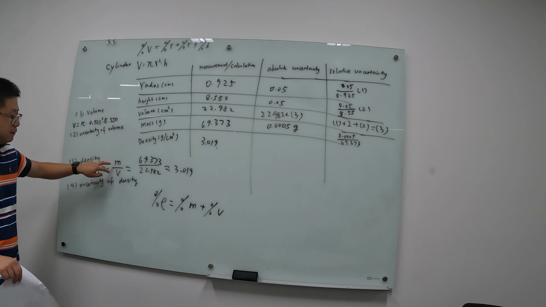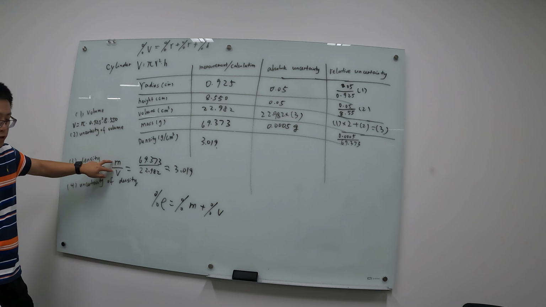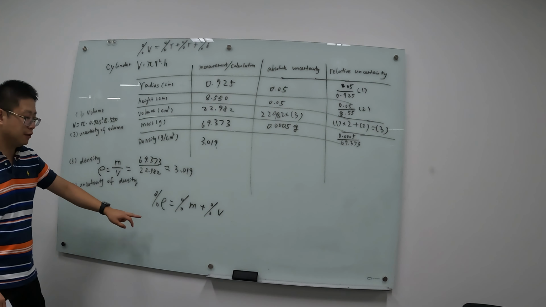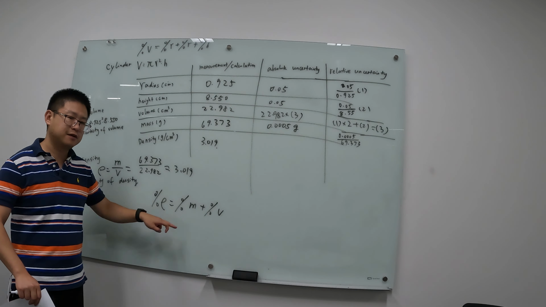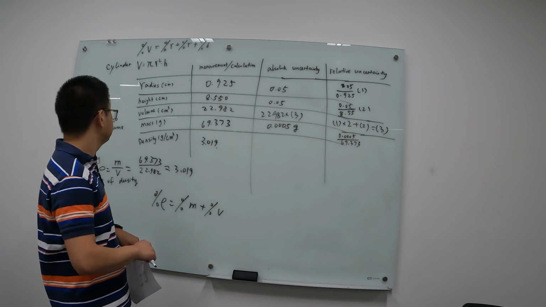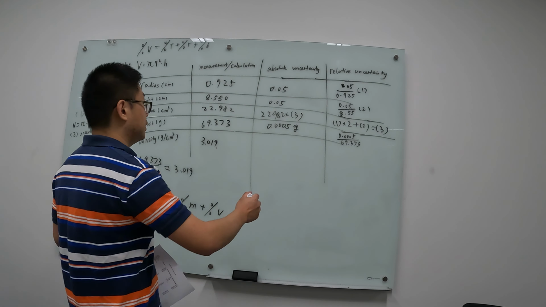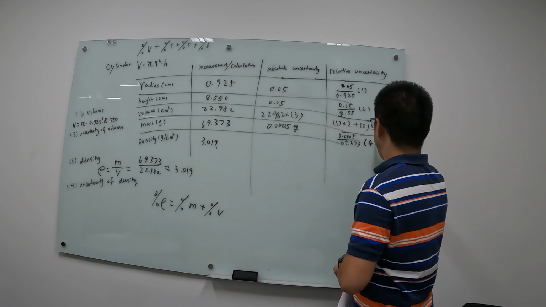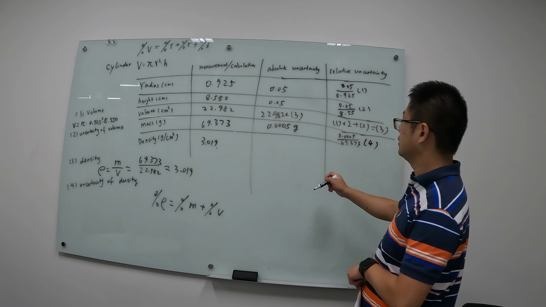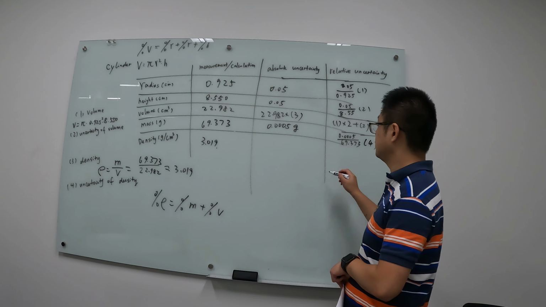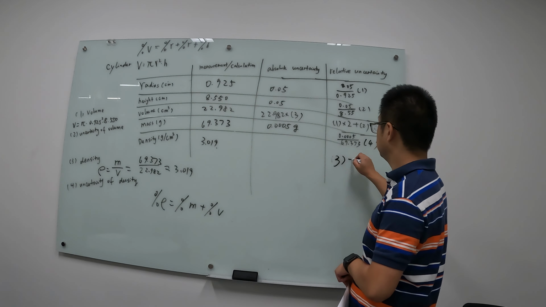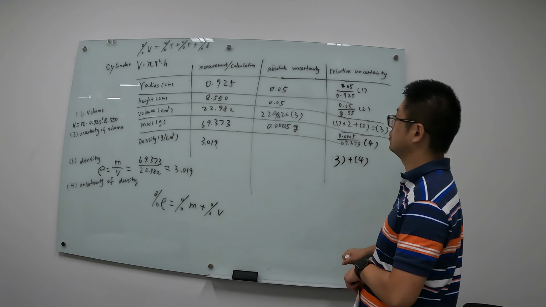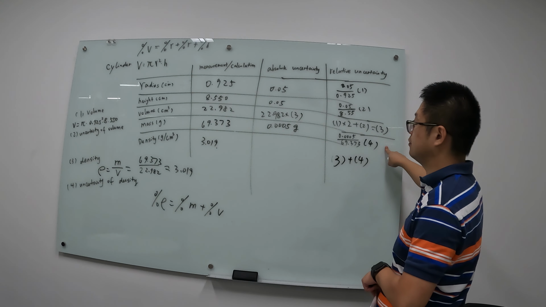Be careful, even though the relationship is division, we also add the relative uncertainties together. So we assume here is 4, right? So the relative uncertainty of density equals the entry in 3 plus the entry in 4. This one plus this one.